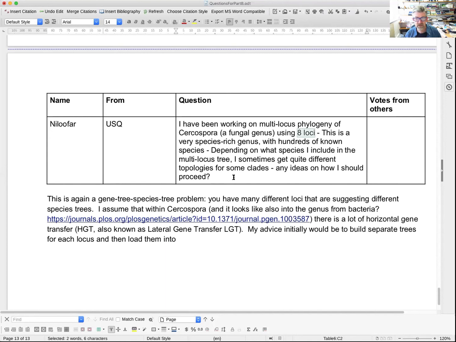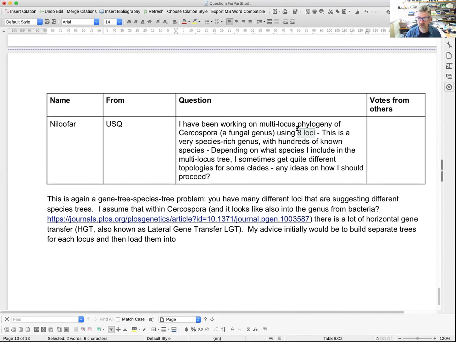I know that it's tricky to visualize hundreds of species in a tree, but it is possible to print the whole lot out and get out a highlighter, and I know because I was doing it last week, and see what the differences are between those 2 trees. In your case, 8 trees.